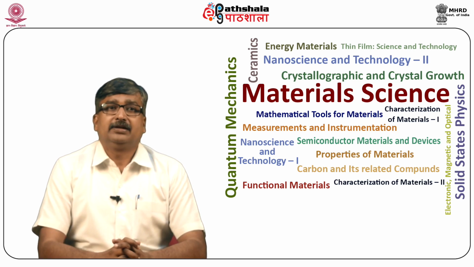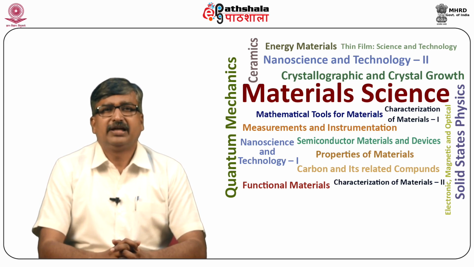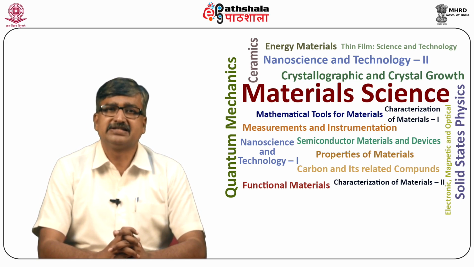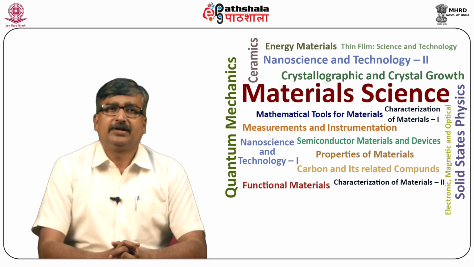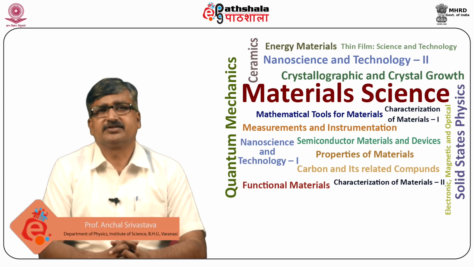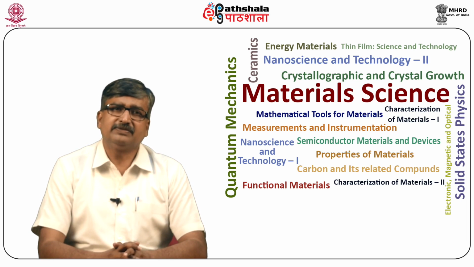Large area scalable synthesis of graphene can be achieved from the chemical vapor deposition route, which is known as the CVD route. In this CVD route, a liquid precursor is more feasible and less expensive than a gas precursor, and it is easy to dope graphene by choosing a suitable liquid precursor.